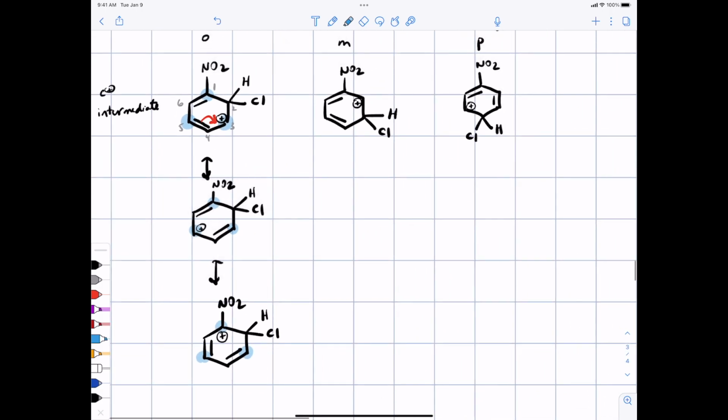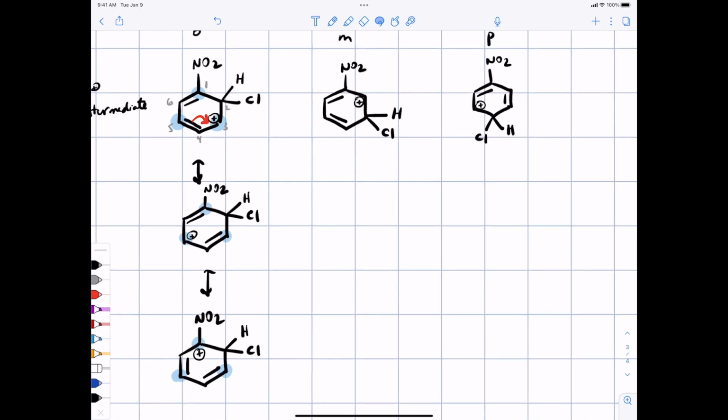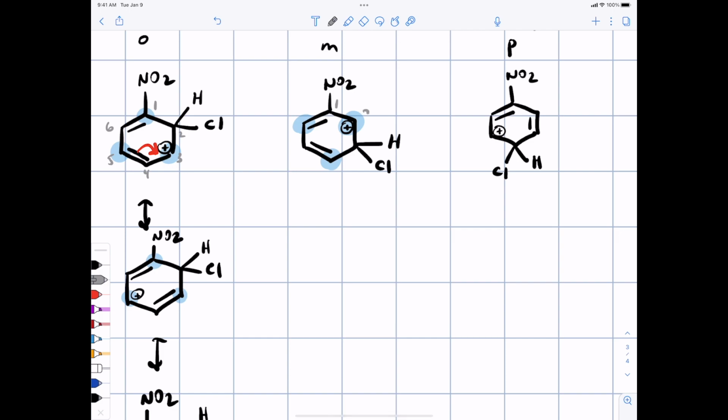Now, I'm not going to draw out the resonance structures for the meta and para carbocations, but I am going to use blue to highlight where the positive charge can be. For the meta substitution, the positive charge is on 2, 4, and 6. For para substitution, the positive charge is again on 3, 5, and 1.